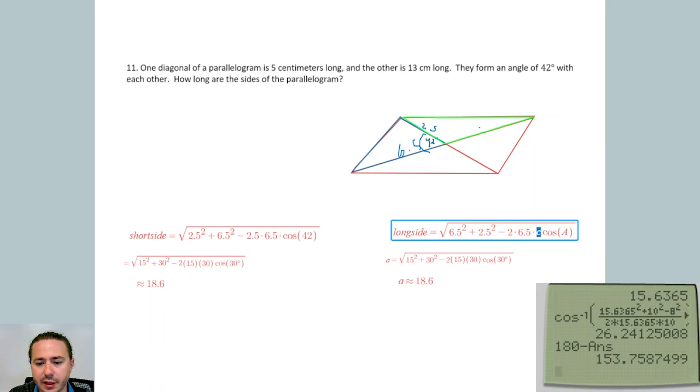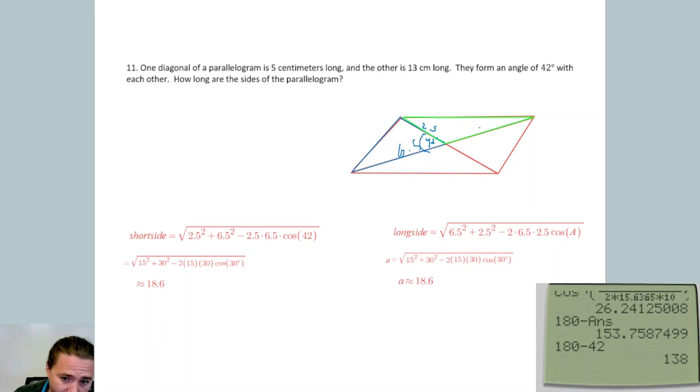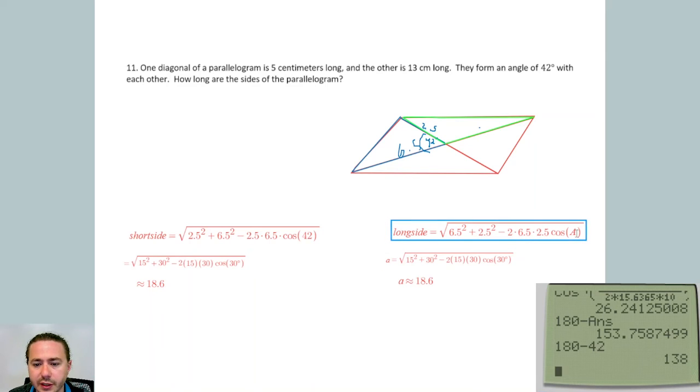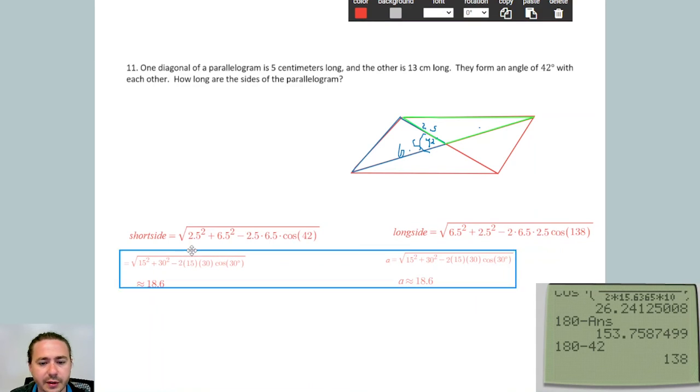Times 2.5 times the cosine of, okay, so what is 180 minus 42? Let's double check that. I think it's 138, but always worth a check. Yeah, 138. So since it's 138, put 138 right here. And then now I'm ready to start plugging that into my calculator.